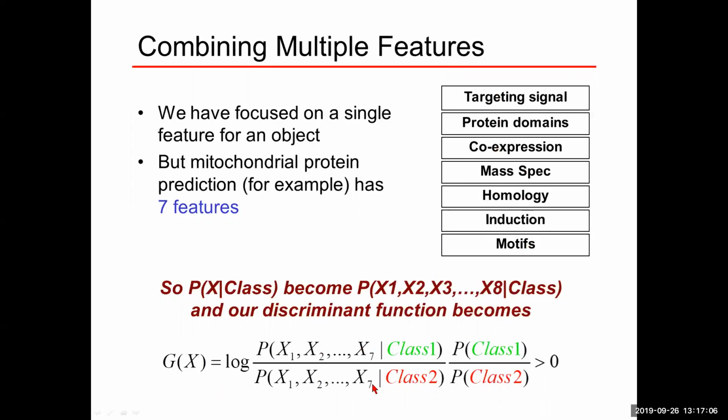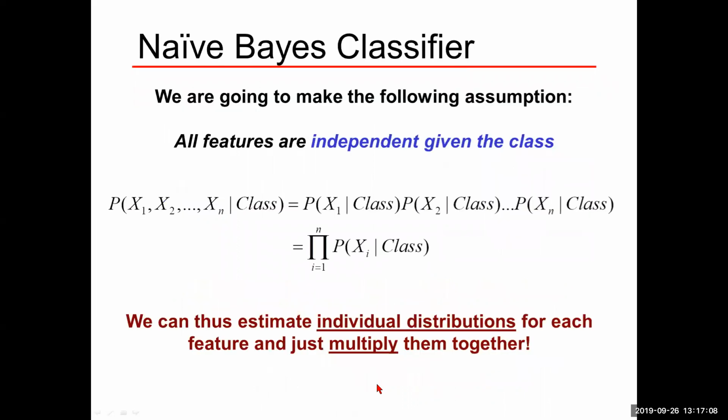So to do that, in naive Bayes, we make a very simple assumption. We say that the joint is just the product of the marginals. It's a huge simplification, but it allows us to argue about each of the features independently. So this is a fancy name for making an independence assumption.